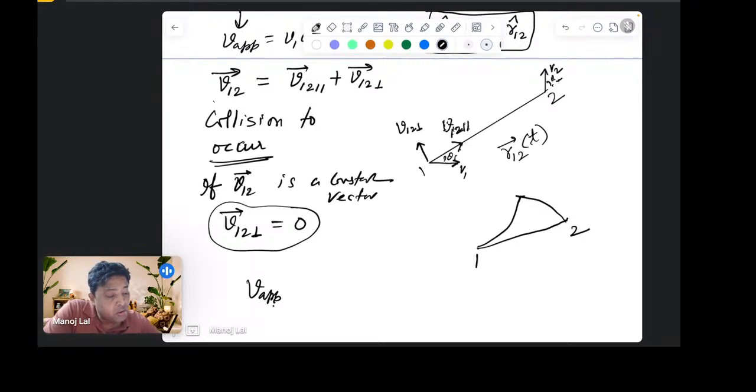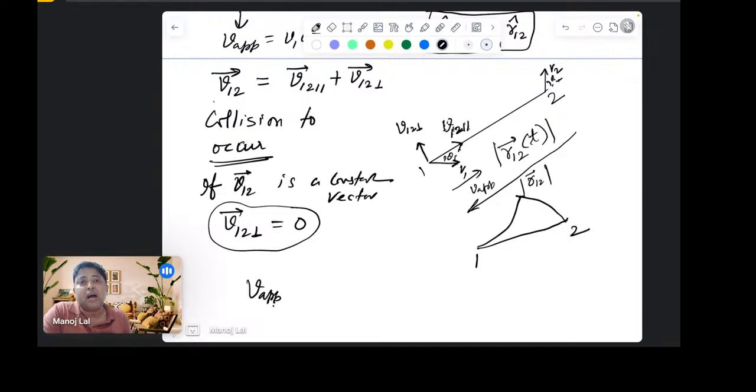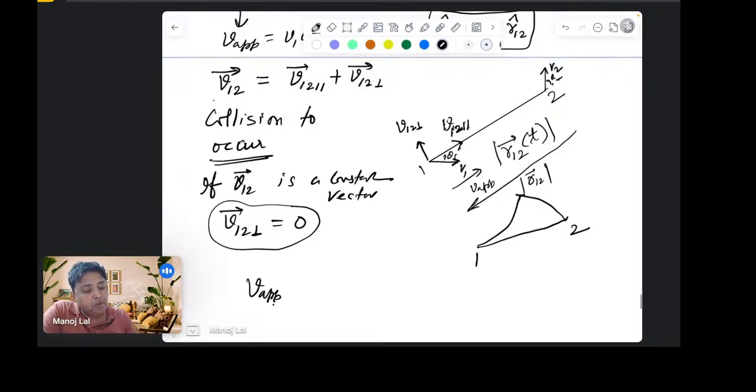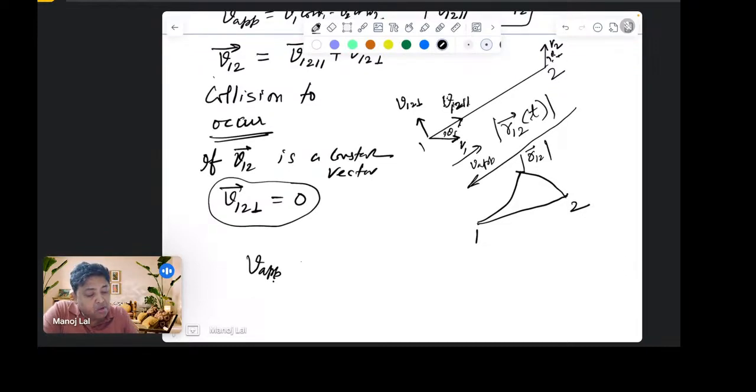If V12 is in this direction, the velocity of approach is in this direction, then the mod of R12 must decrease with time. So the velocity of approach must be equal to minus d R12 mod by dt. Why the minus sign? That you understand.